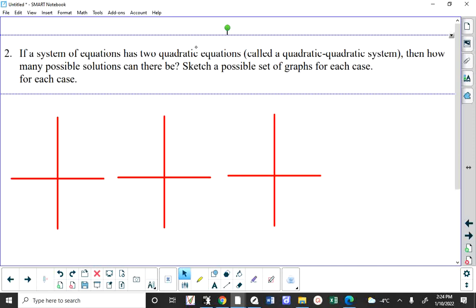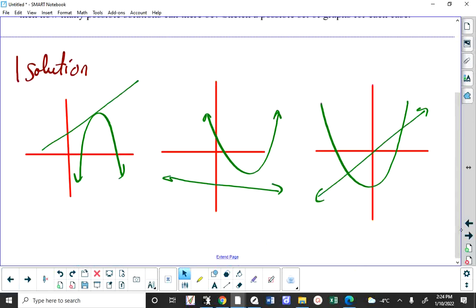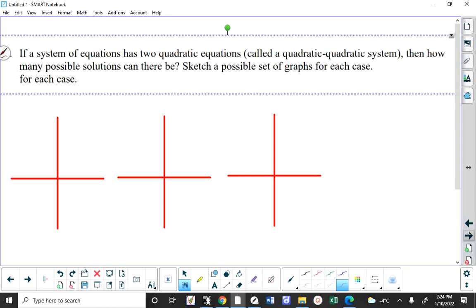I didn't really complete my thoughts here. 1 solution, no solutions, 2 solutions. Probably what comes to most people's minds here is if the 2 parabolas do not intersect, they probably look something like that. Is that fair to say?